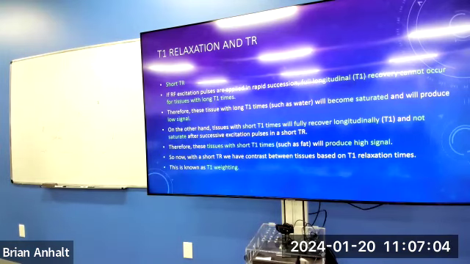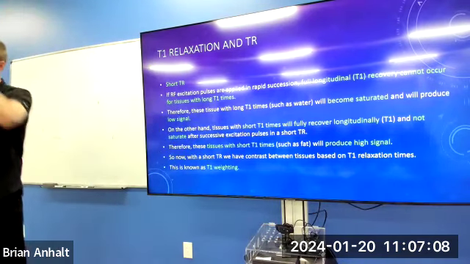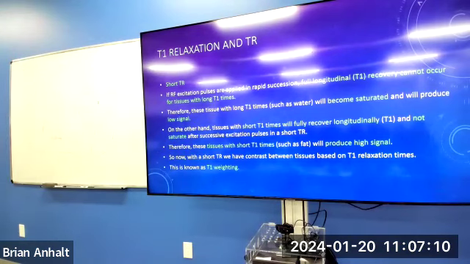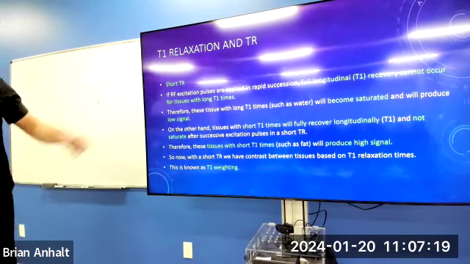On the other hand, tissues that regrow quickly, even though we're going to excite at a rapid rate, won't be saturated because they have very short T1 times that recover, and we have a lot to flip back into the transverse plane.